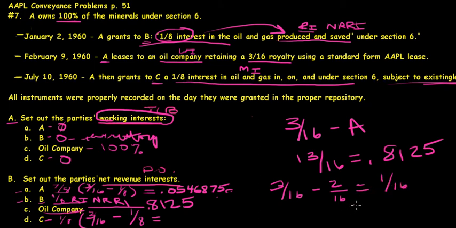So now we're going to multiply 1/8 times 1/16. 1 times 1 is 1.